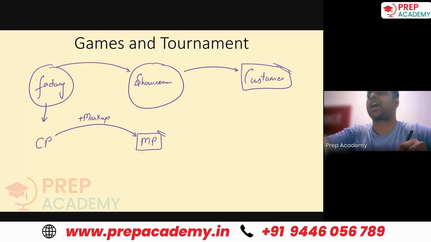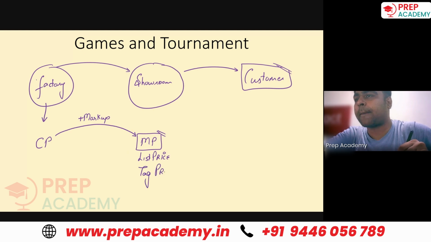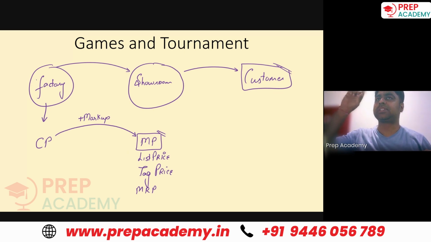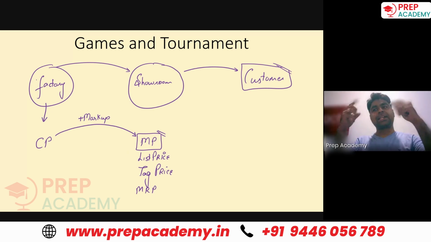So this marked price is also called list price, also called tag price, also called MRP. You must have seen that yellow kind of paper which is put on the item on which MRP is written. Remember? Have you seen that? Yes, sir. Yes, sir.